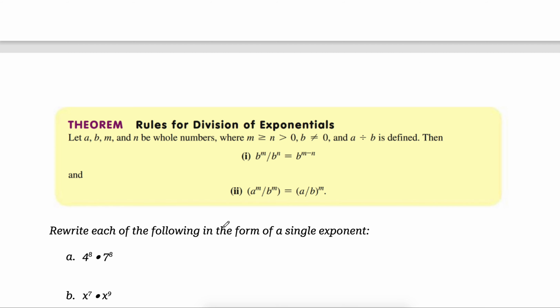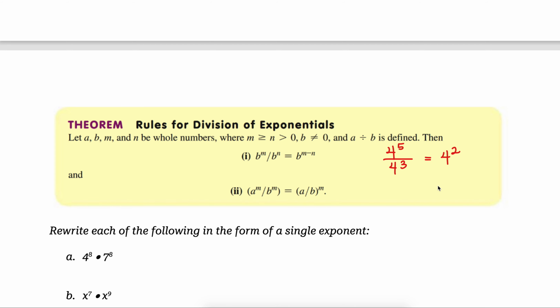And then to finish these rules and properties, we've got some division rules with exponents. So our first one, we have the same base but 2 different exponents, but we're dividing. So if I have 4 to the 5th power, for instance, divided by 4 to the 3rd power, we end up with 4 to the 2nd.